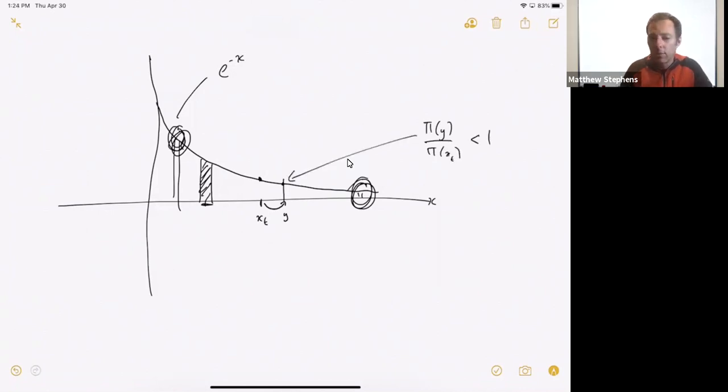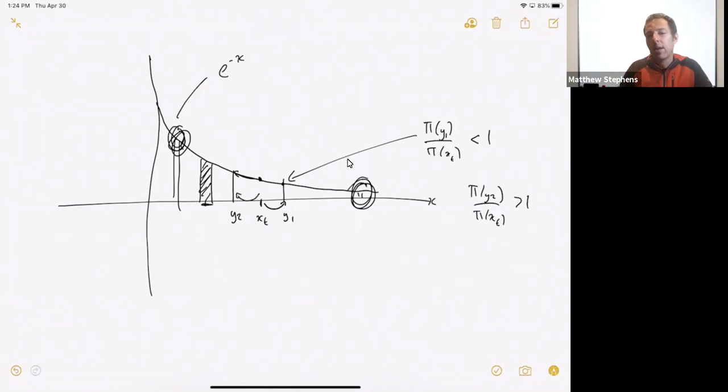It's not much less than 1, and that's because the pi's there are pretty similar, so you don't want to bias things too much. But on the other hand, if it proposes a move to this y, let's call that one y2 and y1, pi of y2 over pi of xt, of course, is bigger than 1. And so, in fact, the acceptance probability will be 1, and you'll always accept moves that are going up.